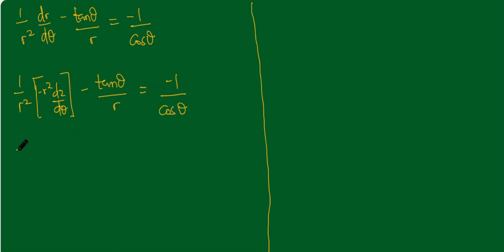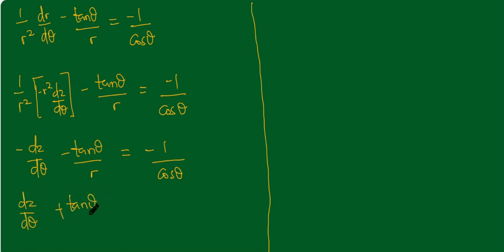So we have minus dz d theta minus tan theta divided by r is equal to minus 1 divided by cos theta. So we have dz d theta, or multiplication by minus 1, plus tan theta divided by r is equal to 1 divided by cos theta.